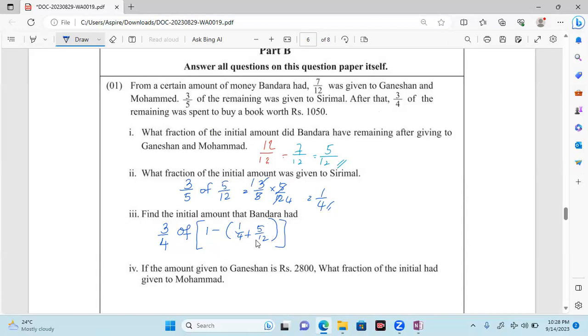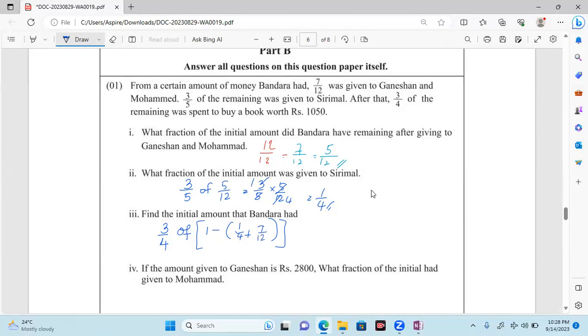This is the amount given to Ganeshan, and this is given for Mohammed. Oh sorry, I made a mistake here. It was said that it is given to Ganeshan and Mohammed together, right? Then it is 7/12.